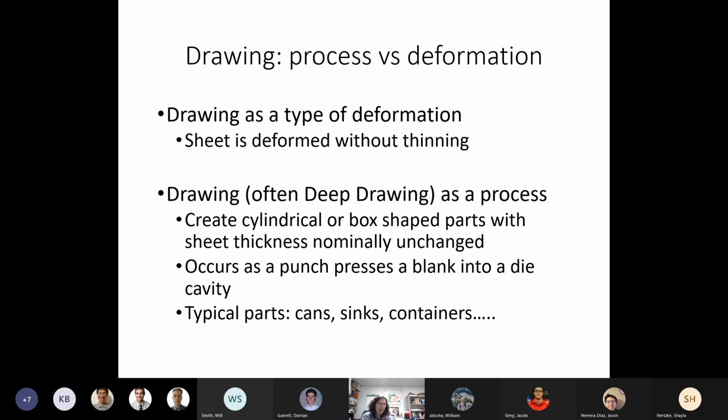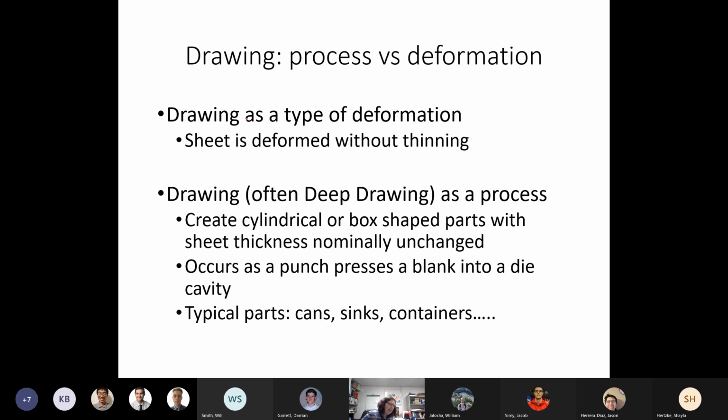Well, there is a process called drawing, and sometimes we look at that particular process. So we see that it is a process and also a type of deformation.